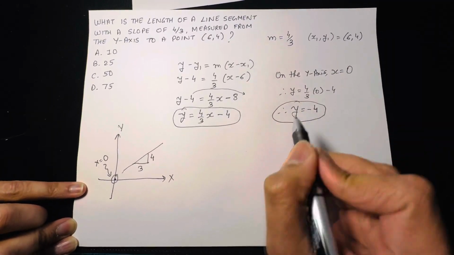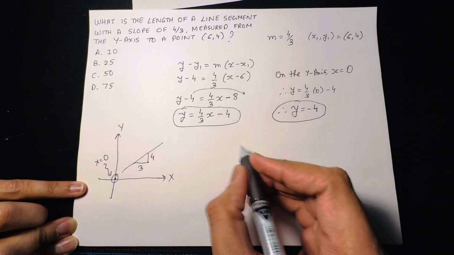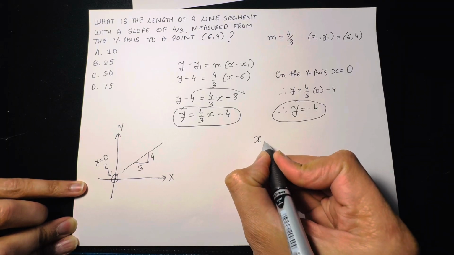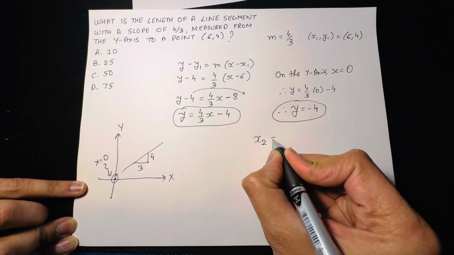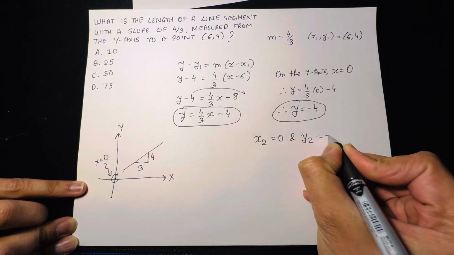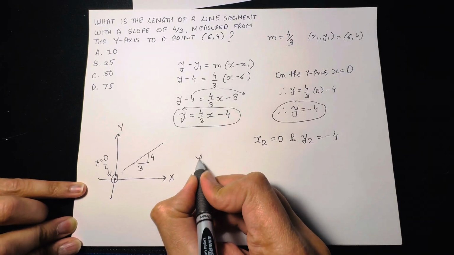We got the value of y. Now we have the two values: x2 is equal to 0 and y2 is equal to negative 4.